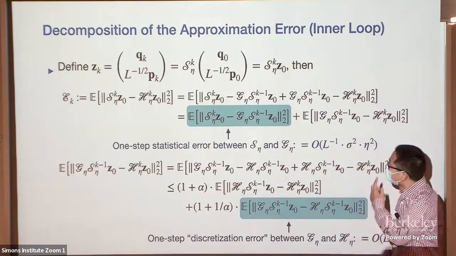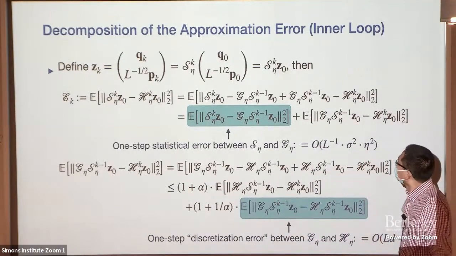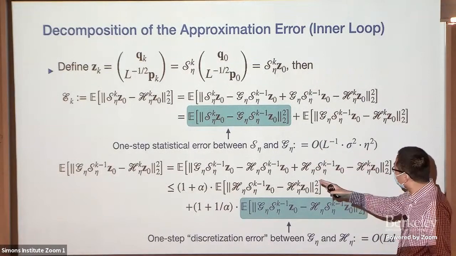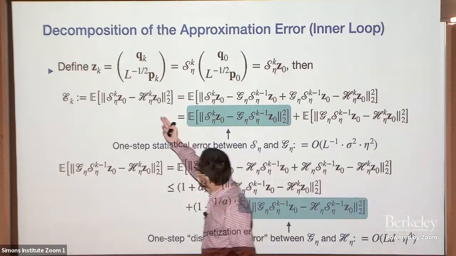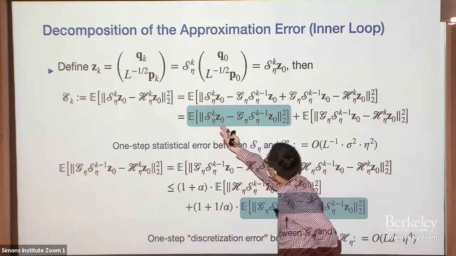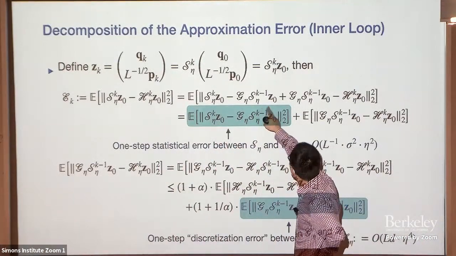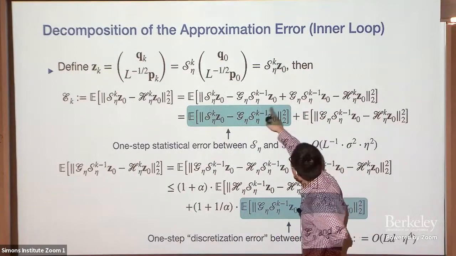And similarly, I use the same notation convention for the H and G operator. So this is a decomposition error. And first of all, I subtract and add back the same quantity.